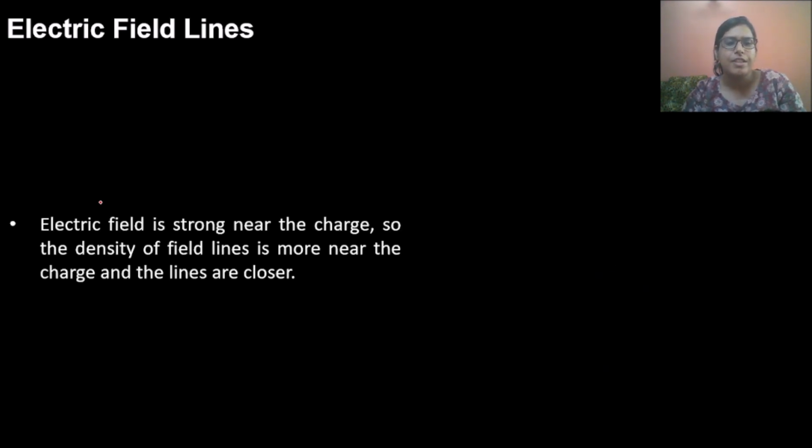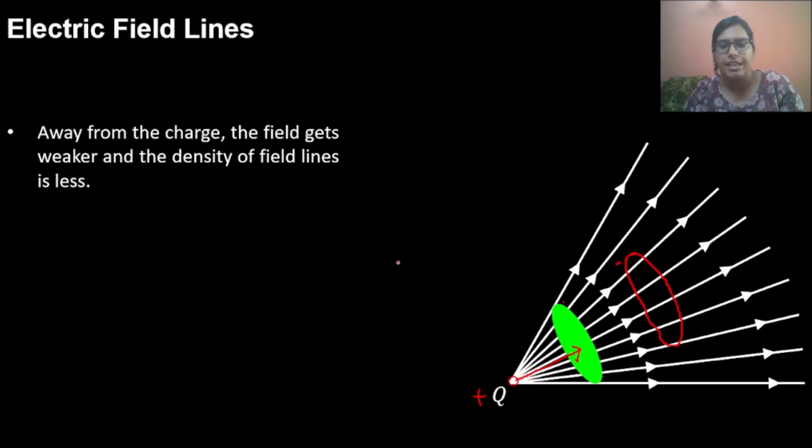In other words, the electric field is strong near the charge, and the density of field lines is greater near the charge, so the lines will be very close. We can see here that near the charge the electric field lines are closer, and the electric field is strong near the charge.